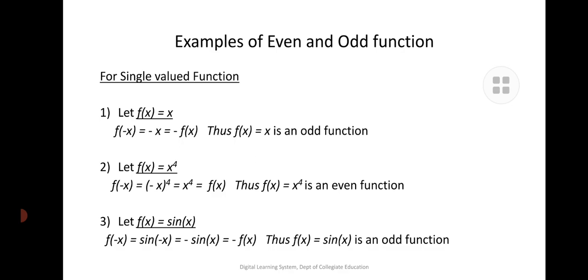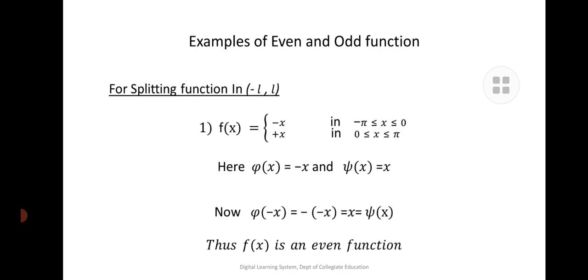In the same manner, we can say that the trigonometric function sin of x is also an example of an odd function. For the splitting of the function in the interval minus L to L, let f of x is equal to minus 6 in the interval minus pi less than x less than 0, and plus x in the interval 0 to pi.